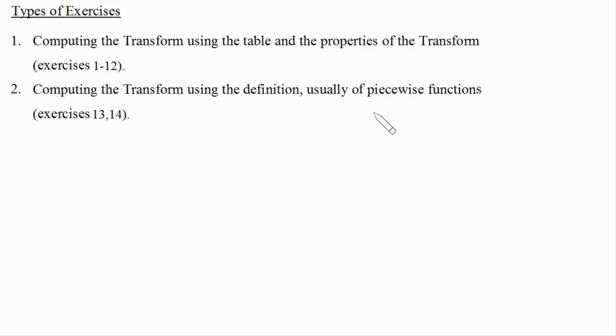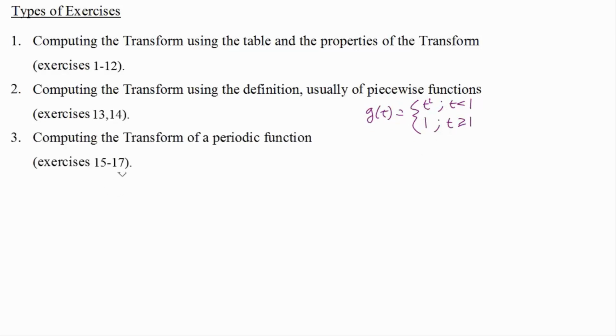I mean, for example, that we have g of t is equal to t squared when t is less than 1, and the constant function 1 when t is bigger or equal to 1, for example. Then we can't use the table for this. We have to compute it directly.